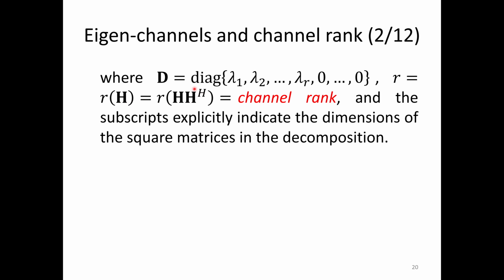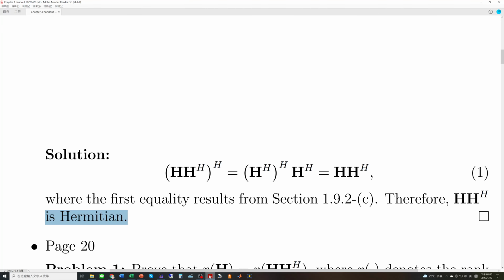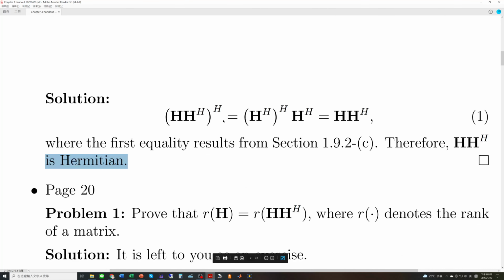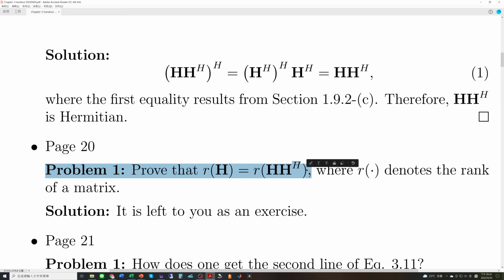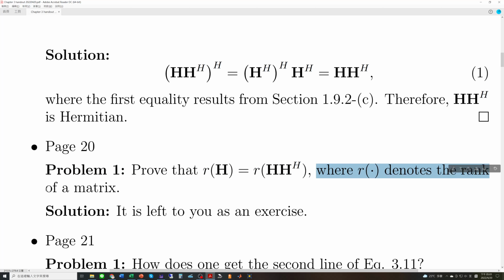Okay, why is the rank of H equal to the rank of H times H Hermitian? Okay, let us see the handout. Page 20, problem 1. Prove that R of H is equal to R of H times H Hermitian, where R denotes the rank of a matrix.